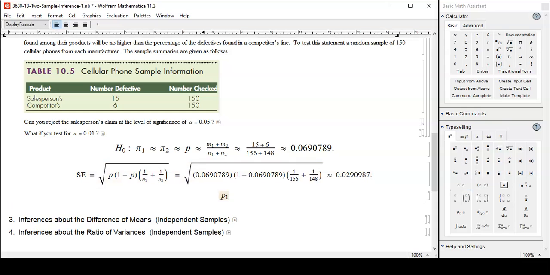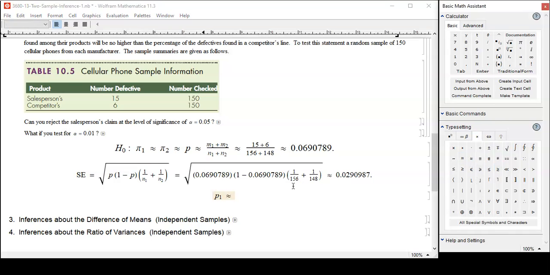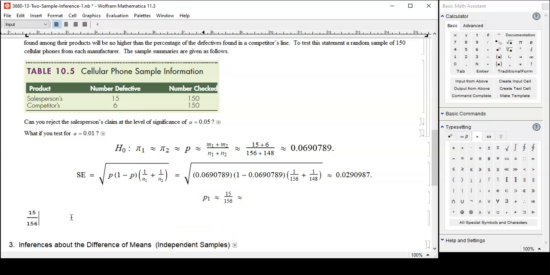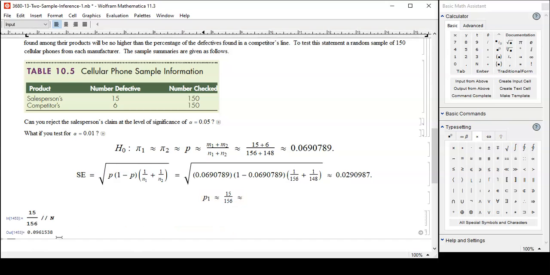You see, p1 is 15 out of 156, and that is, instead of 10%, 9.6 percent. p2 is 6 out of 148.